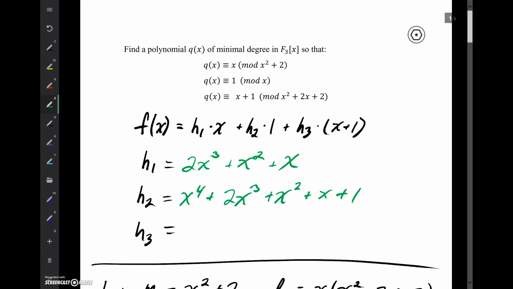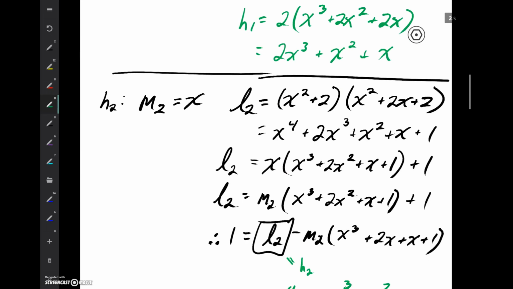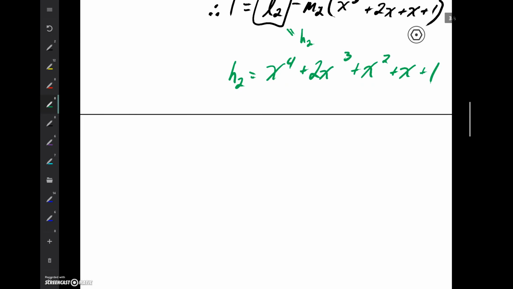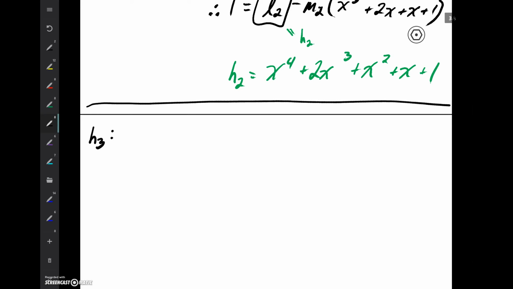Now the last one is H3, which is probably the hardest of all of them because you end up with a non-constant remainder, so we actually have to do it in another step. So let's see that. H3. We have to find M3 first.